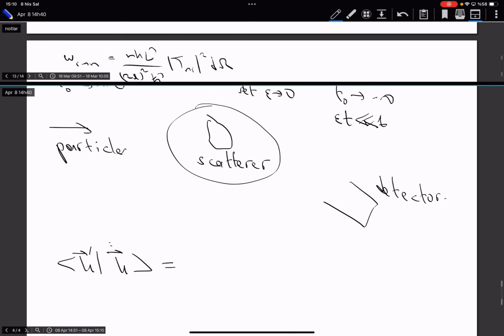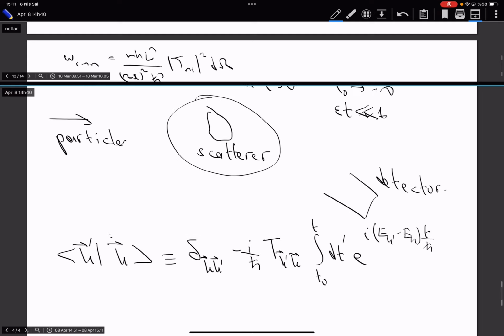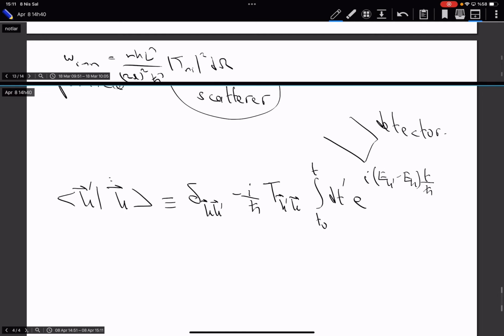Let me write this as k prime minus i over h bar T k prime k integrated from t0 to t dt prime e to the power i (E_k prime minus E_k) t over h bar. Now this is not approximate, this is exact.